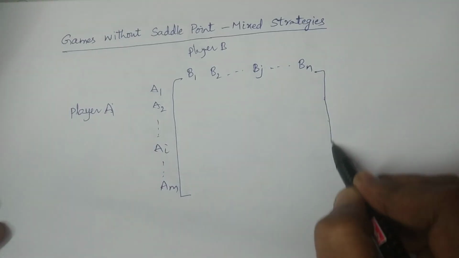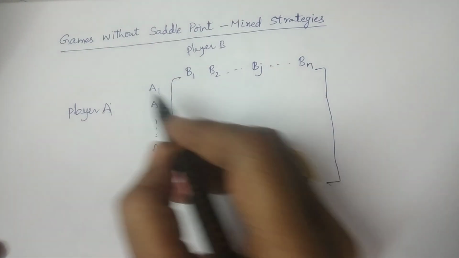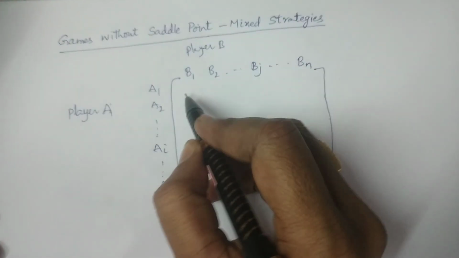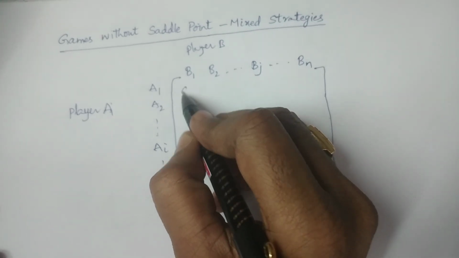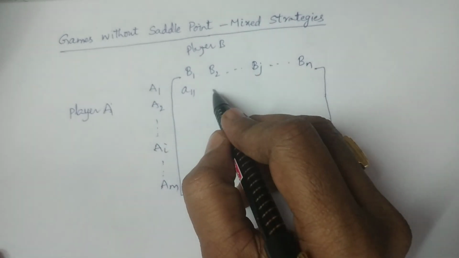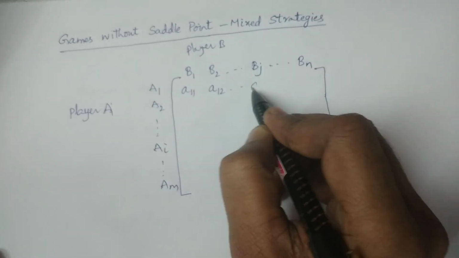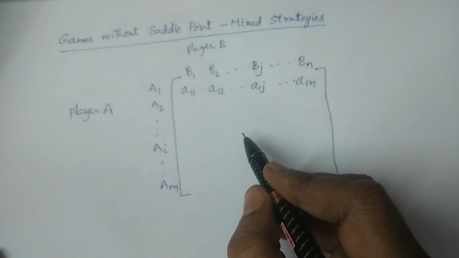So I'm considering it this way, and this is the payoff matrix, where the payoffs are represented by a11, for example A1 against B1, B2, Bn: a11, a12, and so on, a1j, and so on, a1n, right?